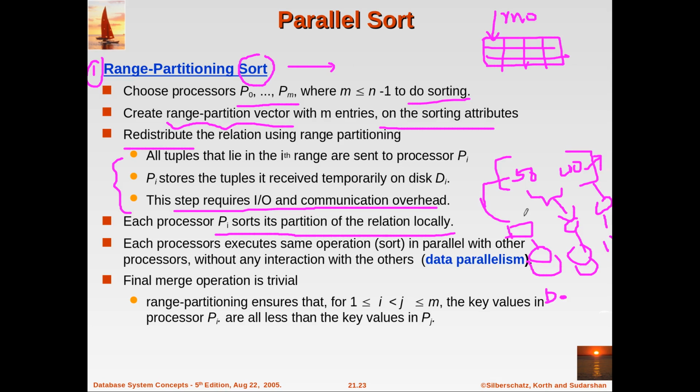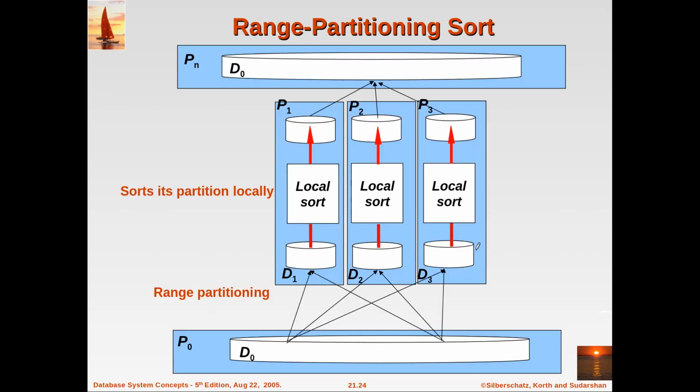I can give a more detailed explanation by looking at the diagram, so let us see it. This is an example of range partitioning sort. P0 is the processor where the entire relation resides, and D0 holds our database table, the huge table that is to be sorted.